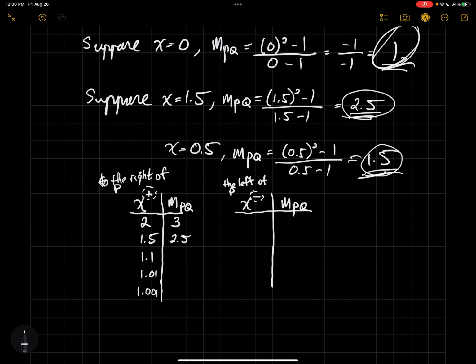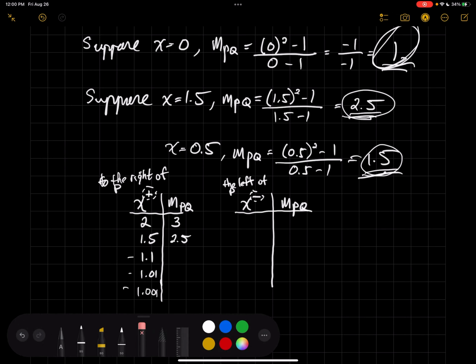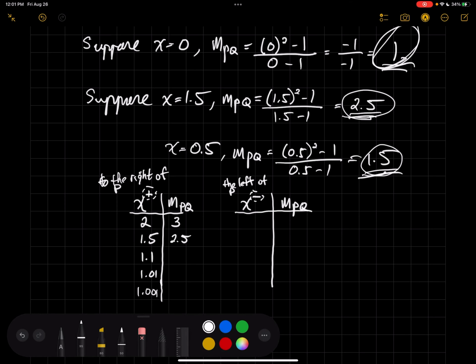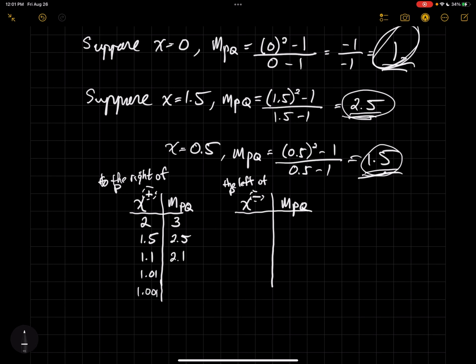And when we locate Q at these three additional values of x, we calculate the slopes to be as follows. The slope when Q is at 1.1 is 2.1. And when Q is at x equals 1.01, the slope of the secant is 2.01. And when Q is at the point x equals 1.001, the slope is 2.001.